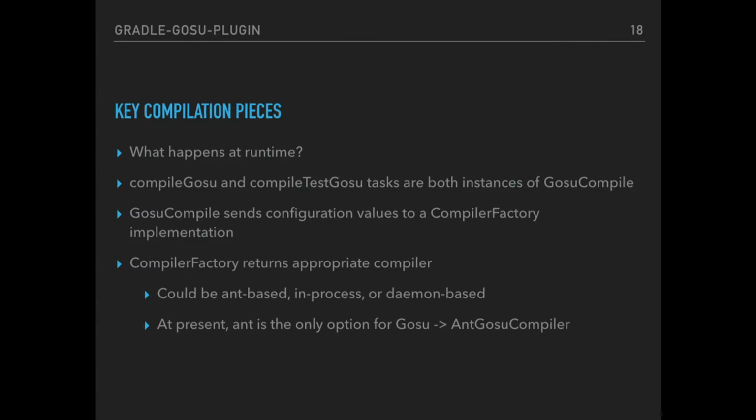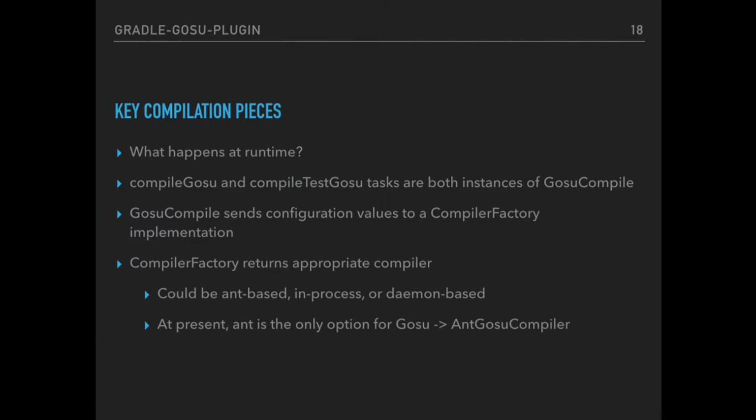Okay, so we've applied a plugin to our project. Now what happens at runtime? Well, as you can imagine, the compile Gosu, compile test Gosu tasks are both instances of the Gosu compile task we talked about earlier, which implements abstract compile. When the build script is analyzed, a compiler factory returns an instance of the appropriate compiler.